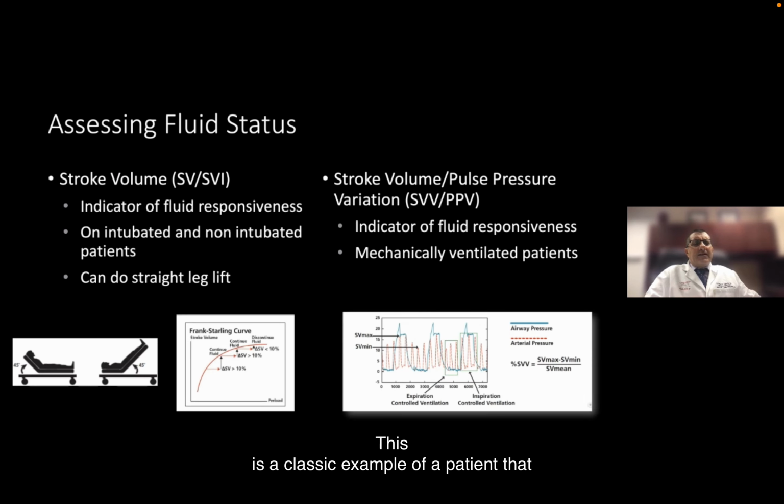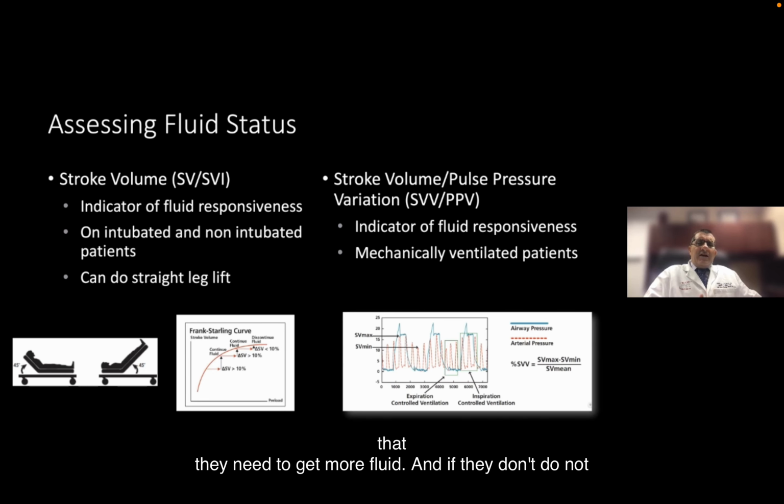This is a classic example of a patient that we have done on the floor, where you do a straight leg lift and hold it up. There are papers on that, so I want to make sure I don't belittle the time we have. But if the stroke volume changes greater than 10%, we know that they most likely are fluid responsive and need more fluid.